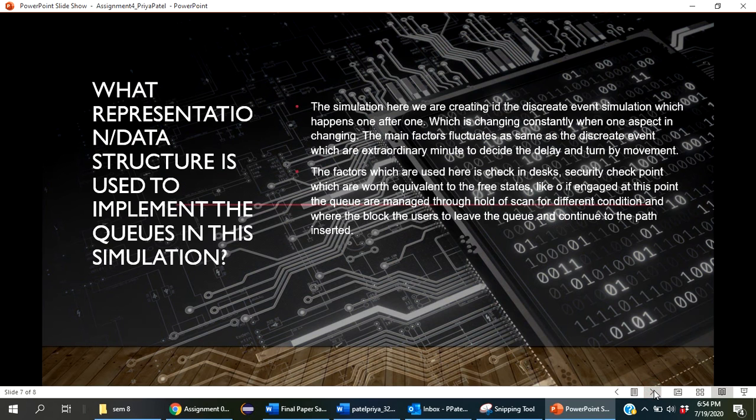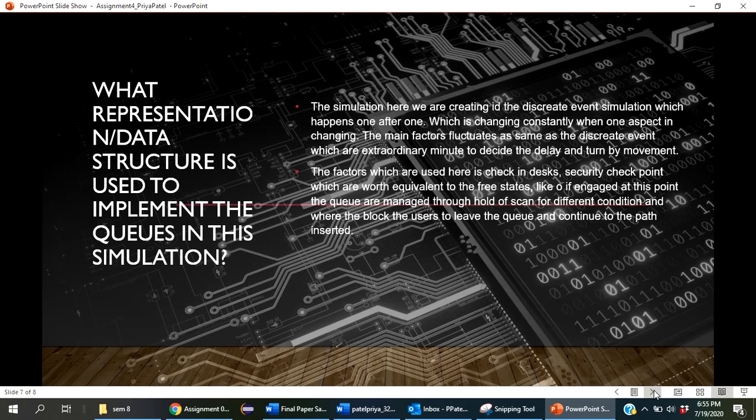What representation or data structure is used to implement the queues in the simulation? The simulation we are creating is a discrete event simulation, which happens one after another and changes constantly when one aspect changes. The main factors fluctuate like discrete events, which are externally decided, delaying and turning by movement.